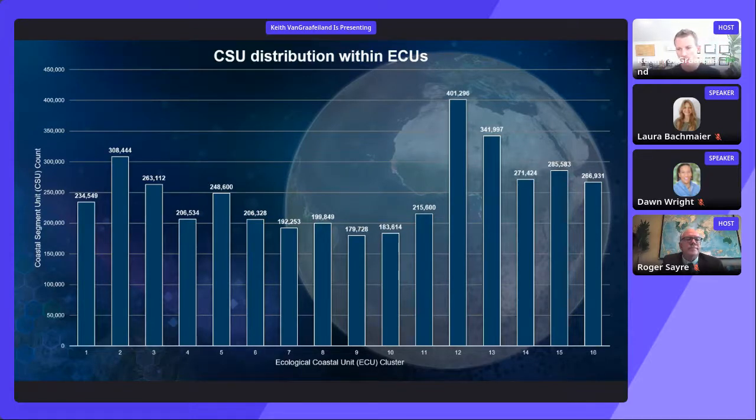So how many of those CSUs are within each of those 16 clusters that we have? Within this graph, we can see those 16 clusters, and we see that there's a relatively even distribution. We see that ECU 12 has the most CSUs, and ECU 9 has the least. But the distribution appears to be relatively normal.